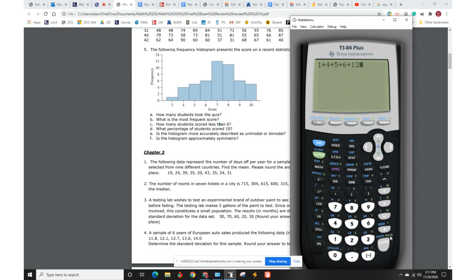And that's 11. 6 again. And then this is 5. So there are 50 there as well.